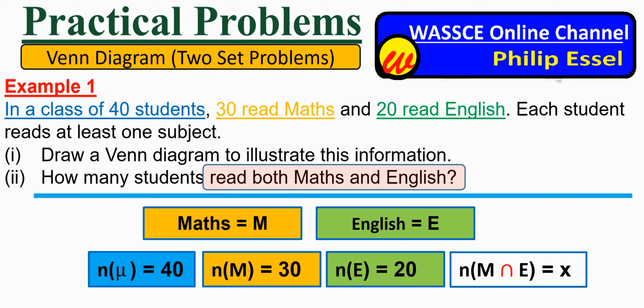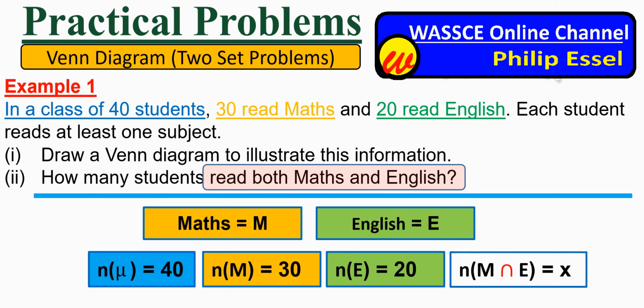I remember when we were looking at set operations, one of the things we said was that items that are in the point of intersection are items that can be found in two sets at the same time. Now, because we are told that we are to look for the number of students that read maths and English at the same time, represented by X, we can say that X is the number of students which will be at the point of intersection.